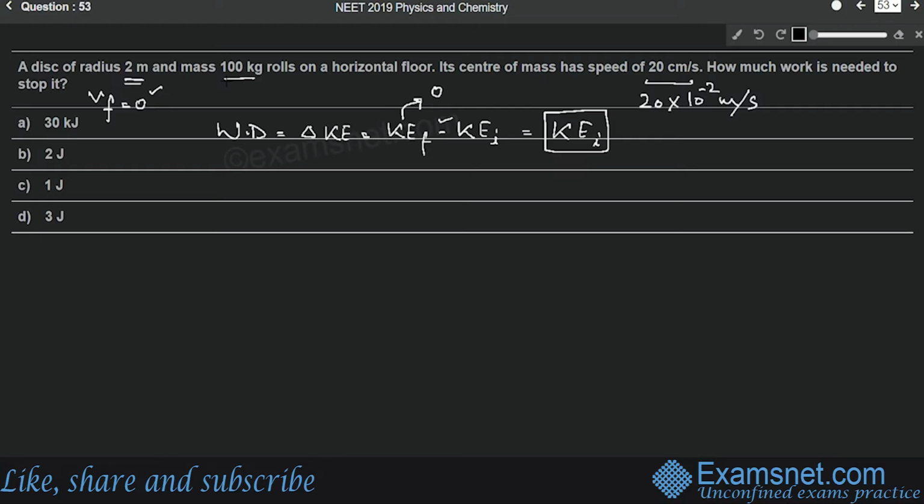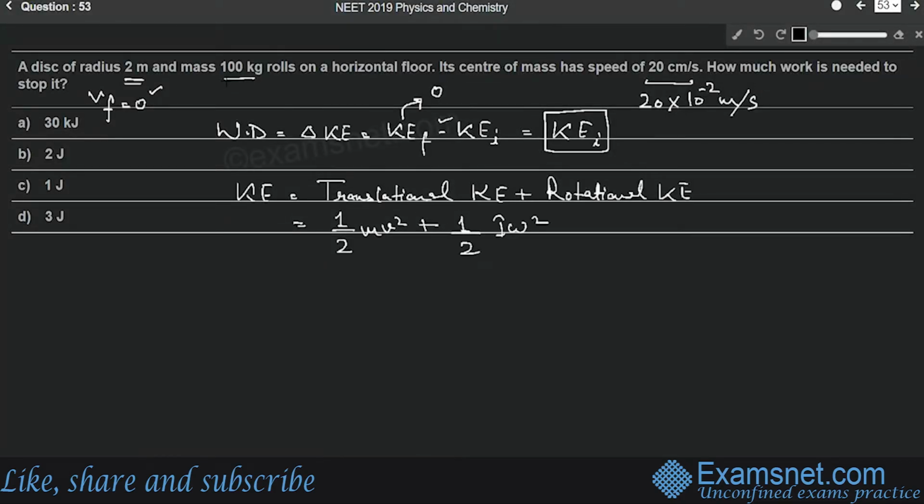So kinetic energy will be the sum of translational plus rotational kinetic energy. Translational kinetic energy will be half mv square and rotational kinetic energy will be half I omega square.